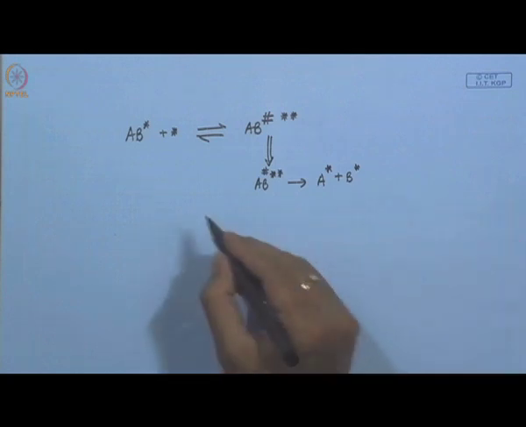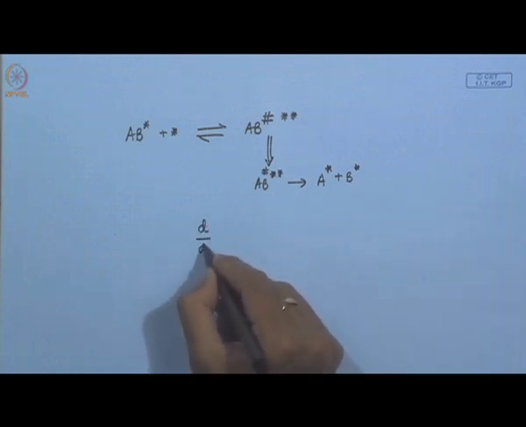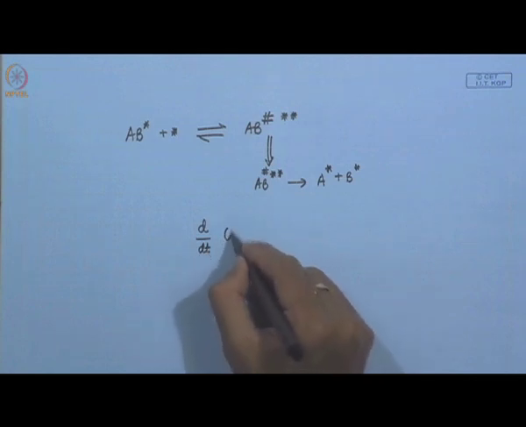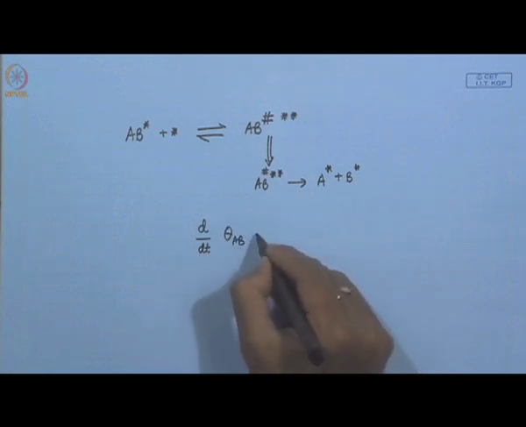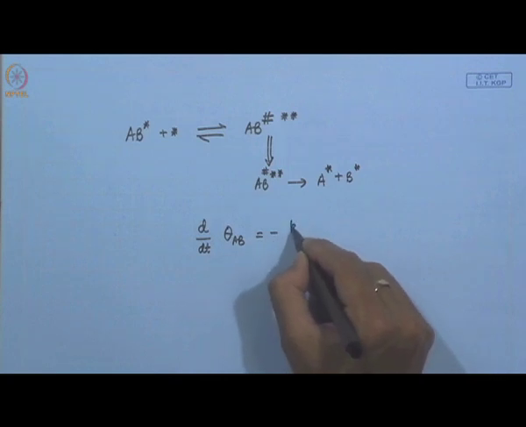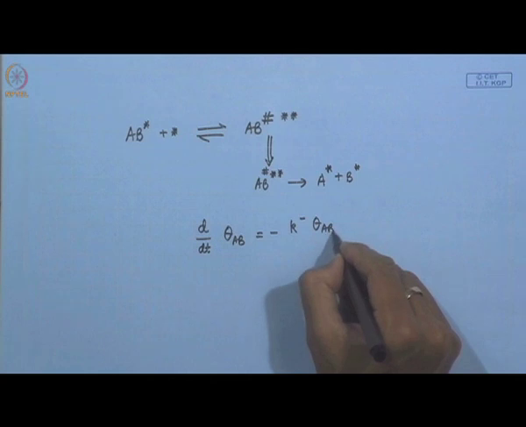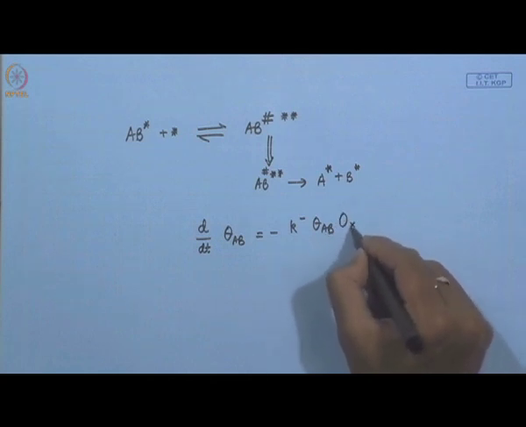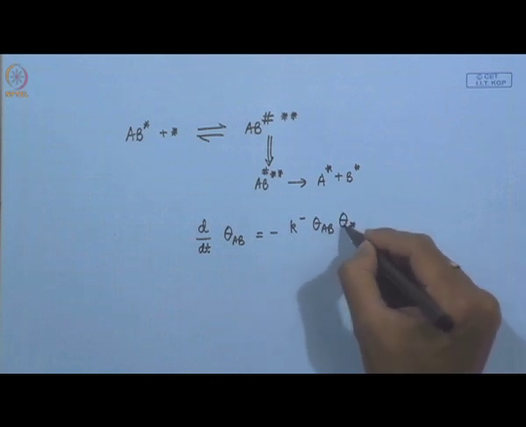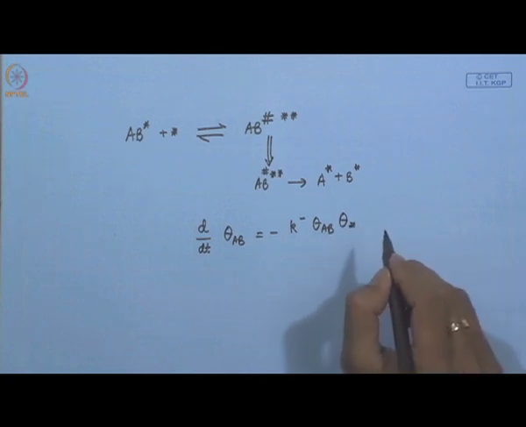So, the rate is d/dt of theta AB equal to minus K minus theta AB theta star, where theta star is the uncovered region. That is your surface.